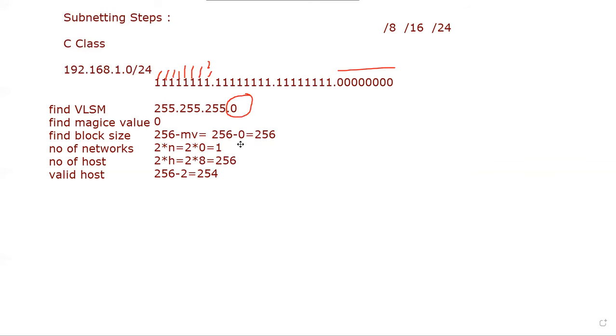Sir. Yes, Dario. Can you repeat the number of networks, please? Yes, number of networks: we know that the number of on bits is 24. But in A class, 8 bits are fixed, 16 bits are fixed in B class, 24 bits are fixed in C class. Because we are finding VLSM, we don't have to consider this.